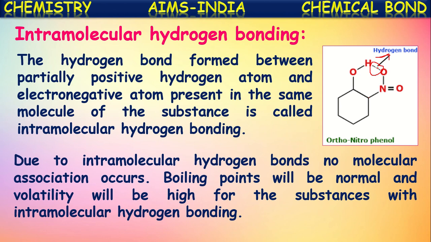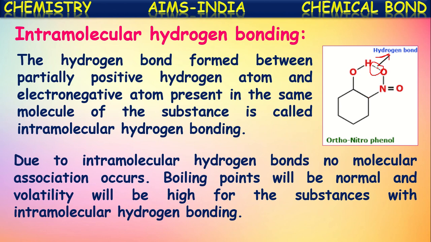Whereas because of intermolecular hydrogen bonding, between different molecules, there is an increase in the boiling points over the expected. But in the case of intramolecular hydrogen bonding, as there is no relation between different molecules and it is happening within the same molecule, there is no increase in the boiling points.